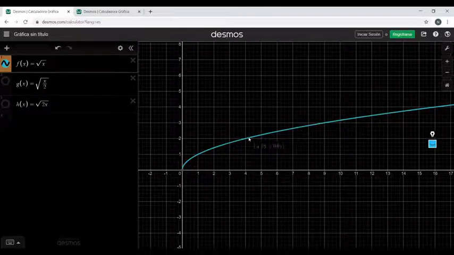Now, if what you want to do is stretch by a factor of 1/2, in other words, like a compression, so to speak, now you have to multiply the variable by 2. I know this is more complex than before, but try to get used to such concepts, okay? So this is how stretches in the horizontal sense work. And like I repeat, these are more complicated than the vertical stretches.